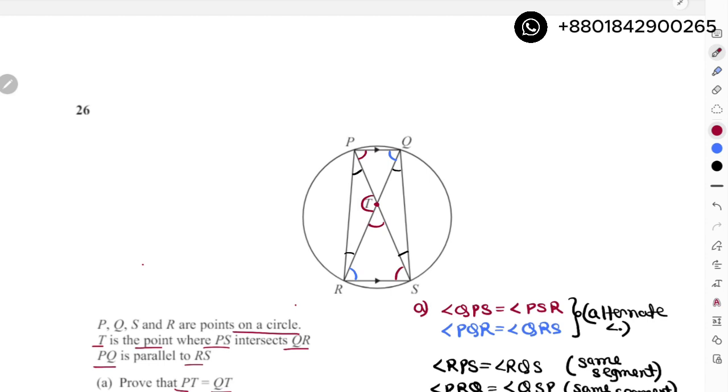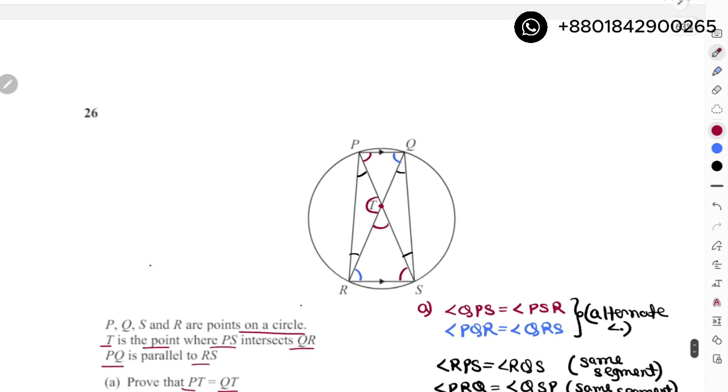I know they have the same area, but I have to at least find out one area, and then I can multiply by 2. So RT and TS, I'll consider them as 2y, because I'm considering that PT and QT is y, since they have the ratio 1 is to 2. So if this is y, this is going to be 2y.